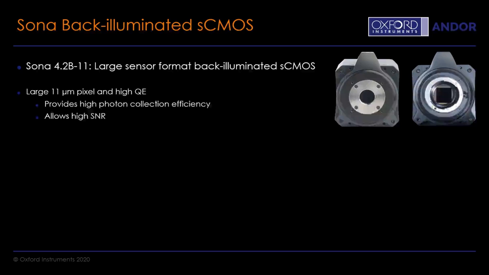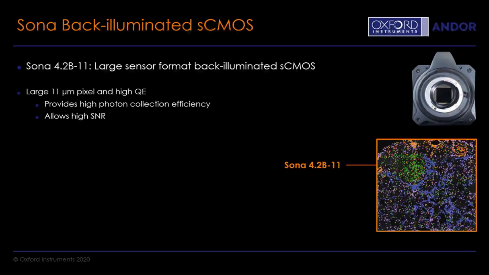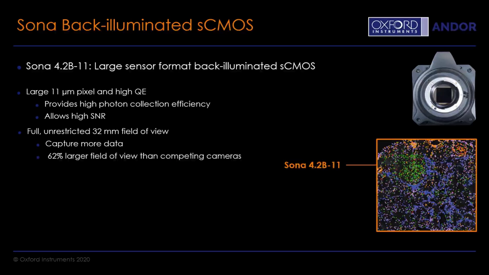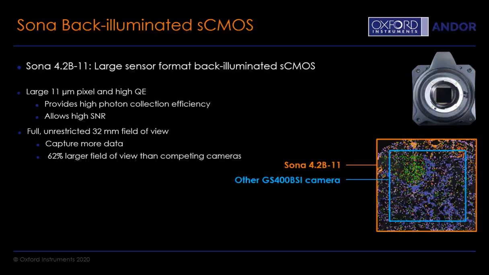So that large pixel along with the high QE is providing that high photon collection efficiency, allowing for the high signal to noise ratio that we need in these kinds of experiments that have been discussed. And we can see this large field of view here, and not only is this much larger than the previous generation of sCMOS cameras and the Ixon, it is also much larger than competing cameras which have that same GS400 BSI sensor in it. So simply that allows you to capture more data.